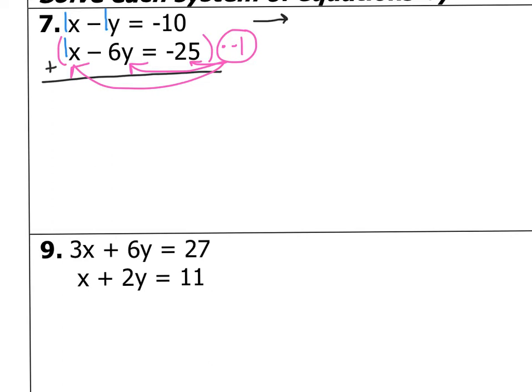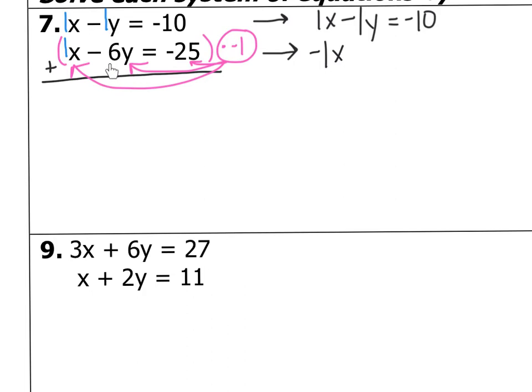Which means if I move everything over this way, my first equation I chose to leave the same. I've got 1x minus 1y equals negative 10. My second equation, I'm going to have to do this multiplication. I'm going to have to say negative 1 times 1x is negative 1x.